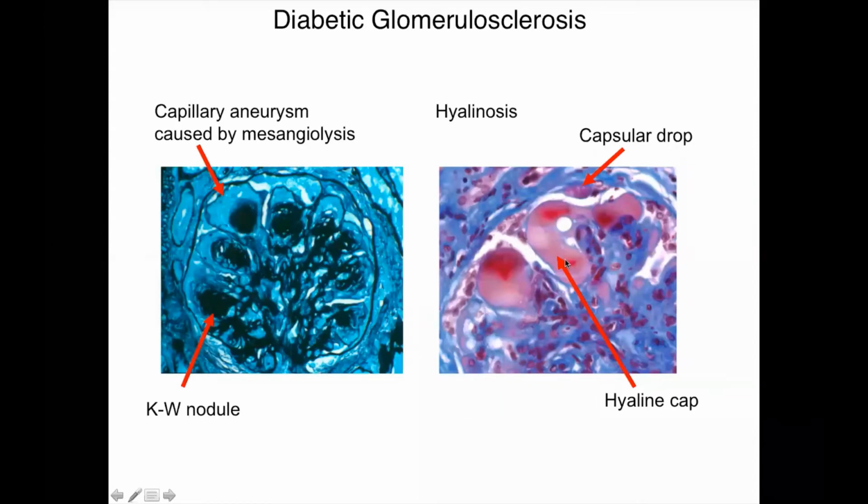ممكن يتكون عندكم something called a hyaline cap, which is basically this kind of like very thin glossy material within the blood vessel في glomerular tuft, and this is basically hyalinosis of the blood vessel or the glomerular basement membrane due to diabetes.